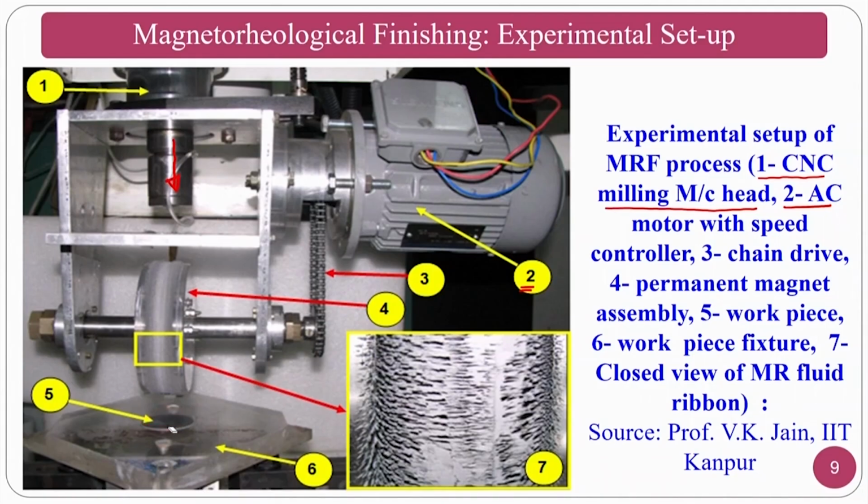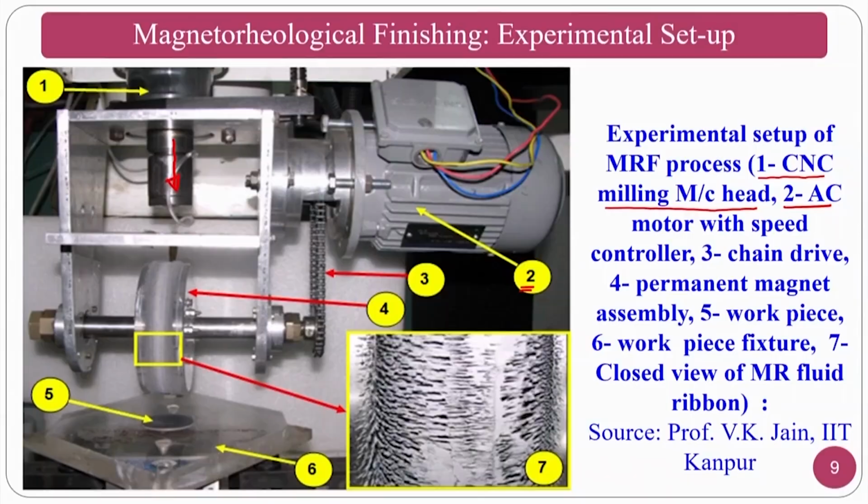Normally a perspex-based workpiece fixture is developed here, and this is the close view of the MR fluid ribbon. You can see here the MR fluid is dispensed from the top, and because of the magnet which is there, it will form a ribbon. Okay, this particular ribbon is pressed against the workpiece, which is number 5, and the finishing action will take place.